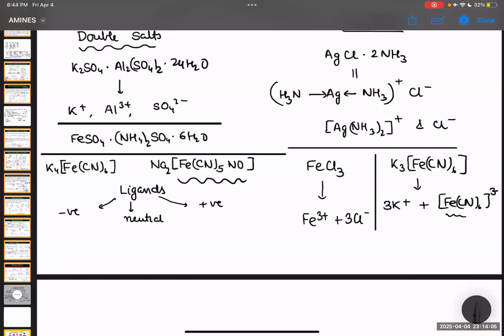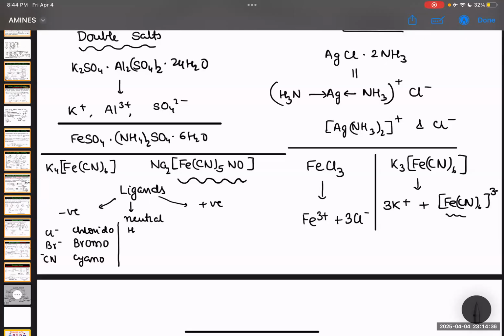Negative ligands like chloro, bromo, iodo, cyano, or chlorido. Earlier the name was bromo and now it is called bromido. So both are used. There are neutral ligands also.